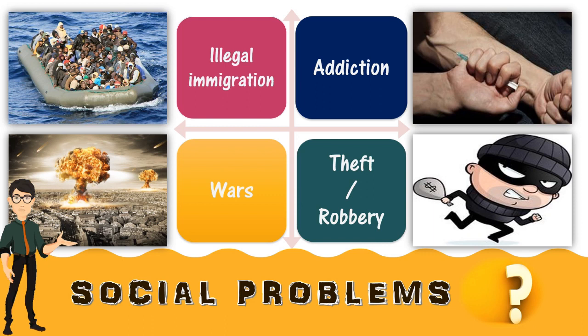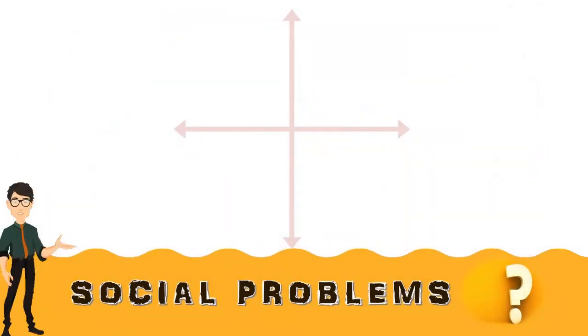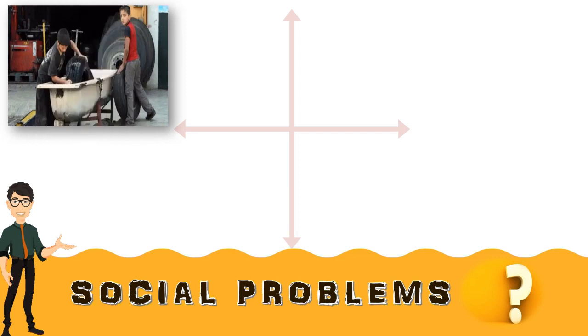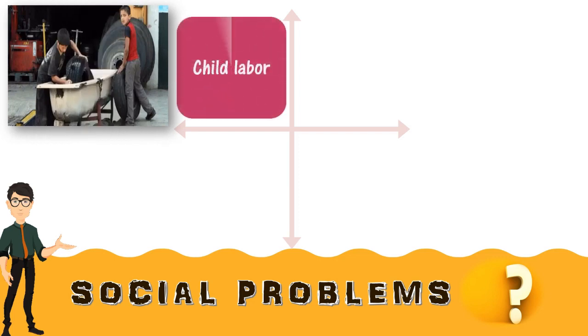Theft is usually stealing something secretly, while robbery involves using violence to steal something. Another problem that is common in our Moroccan society is child labor. As you can see in the picture, these children are working before the right age. So this is referred to as child labor.